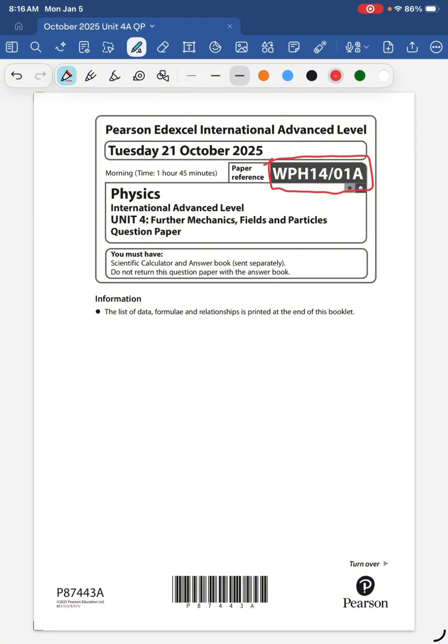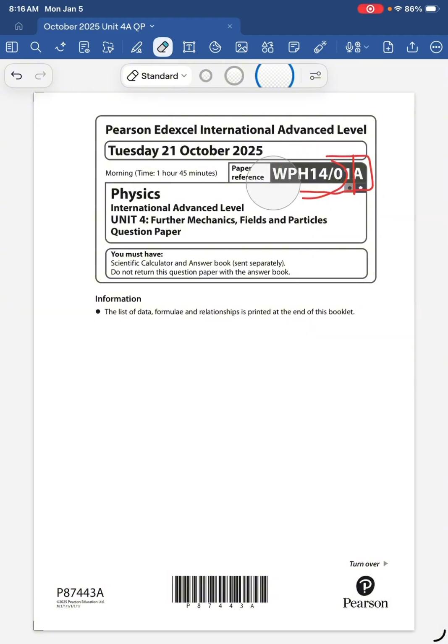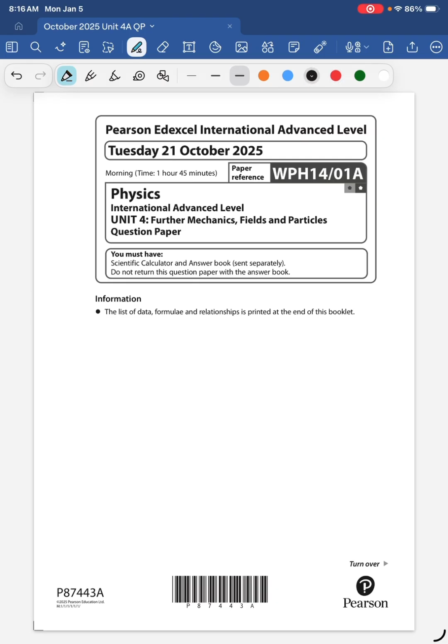The test we solved recently was this test, WPH 14/01, but there is also this one, /01A, which is different from the one we just saw. So I'm going to walk you through this paper as well. It's different, so all the questions are different, so I think it's good practice.